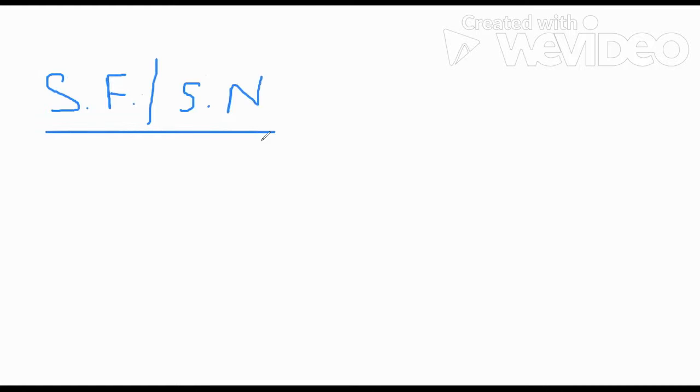So it's two words, standard form, scientific notation. If you're doing chemistry, the sciences, they normally say scientific notation. All right, so what is this all about? So many years ago, when scientists were doing calculations, right?